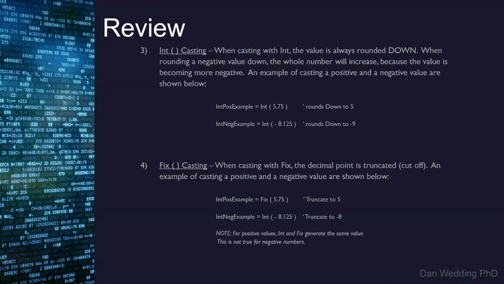When rounding a negative value down, the whole number will increase because the value is becoming more negative. An example of casting a positive and a negative value are shown below. When casting with fix, a decimal point is truncated or cut off. An example of casting a positive and negative value are shown below.